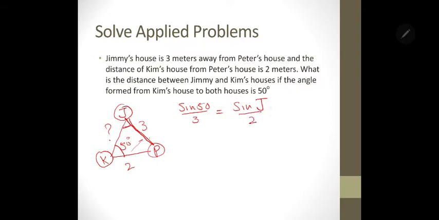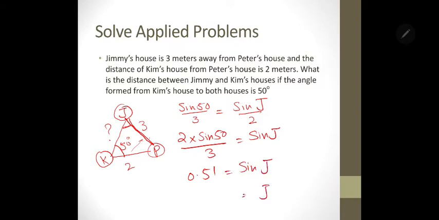First of all, I will try to find out angle J. So let's do the cross multiplication, and I'll have 2 times sine 50 divided by 3 equals sine J, and 2 times sine 50 degrees divided by 3 gives me 0.51. And again the sine inverse of 0.51 will give me 30.71.